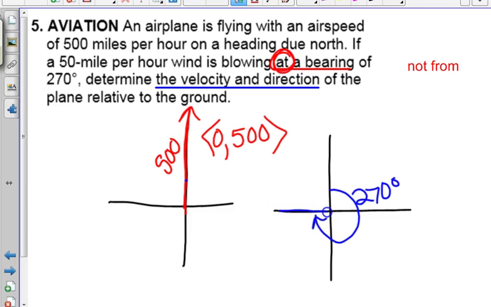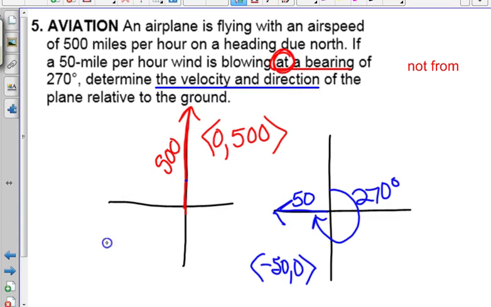And if it's blowing that plane at that bearing, it's actually blowing the plane that way, 50 miles an hour. So what are the components of that vector? Negative 50, 0, yes? If we were going to use cosine and sine, we'd have to have used either 180 or negative 180, okay?